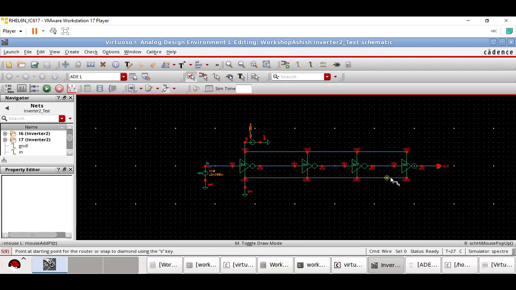Then see how less area consuming the circuit would be. That is how when you create the counters or shift registers in your digital book, you see the counter shift registers having many D flip-flops. If you create a D flip-flop with MOSFETs, it is a huge circuit. But if you create a block of D flip-flop, it will be as simple as that. You are working on a synchronous or asynchronous circuit.